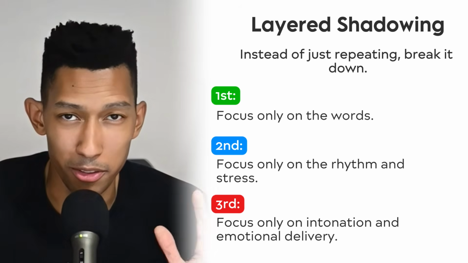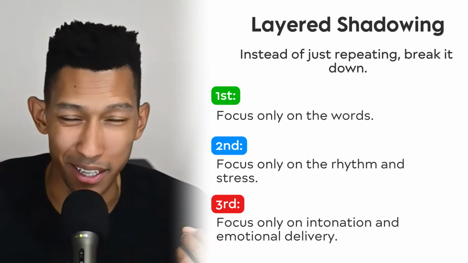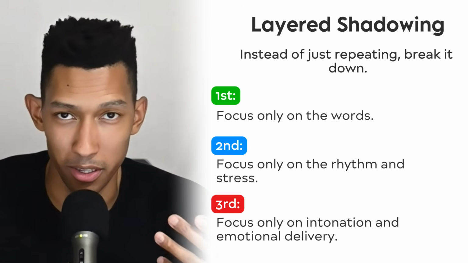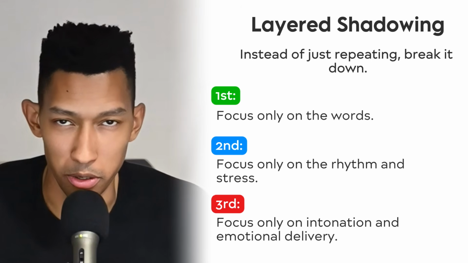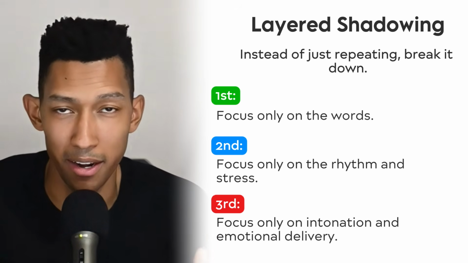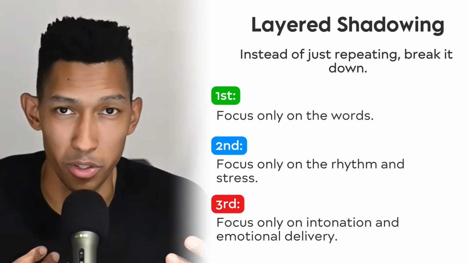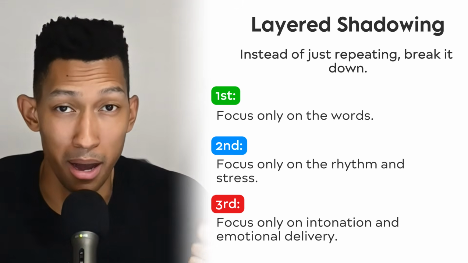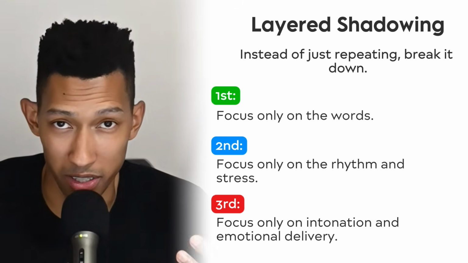And then on the third time you listen, focus on the intonation and the actual delivery of how they're saying what they are saying. To put it very simply, focus on what the words are, then how they are pronounced and the rhythm by which they're used, and then the actual intonation behind how they are saying it.